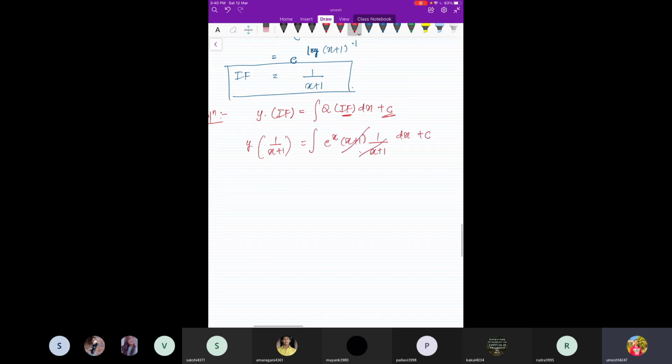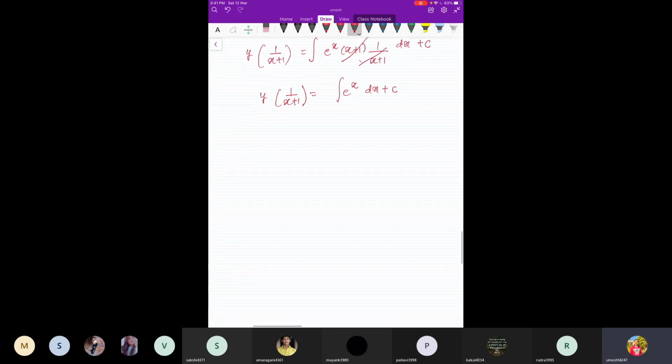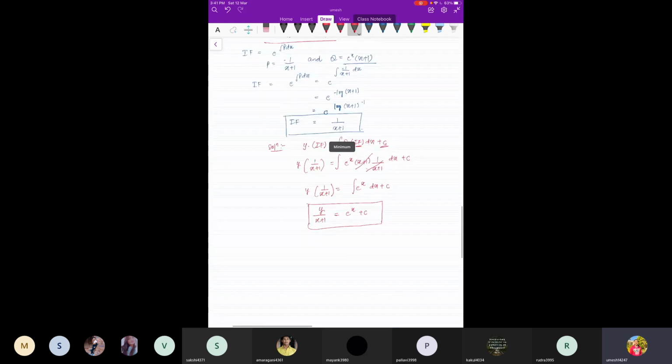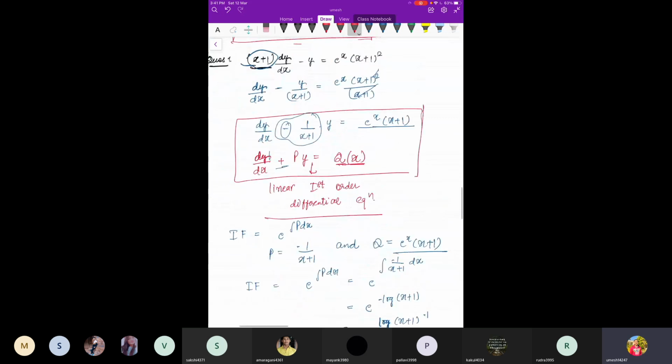This will be cancelled. We'll get y into 1 upon x plus 1 is equal to integral of e to the power x dx plus c. Integrating it, we end up getting y upon x plus 1 is equal to e to the power x plus c.